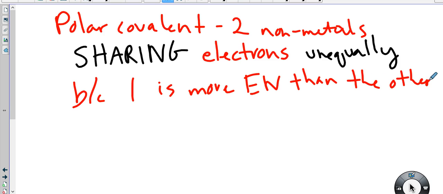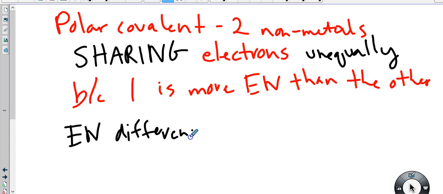So this is what I was talking about with water. The electronegativity difference, you know how numbers work with the alligators? It's between 0.5 and 1.7, but not including those numbers.